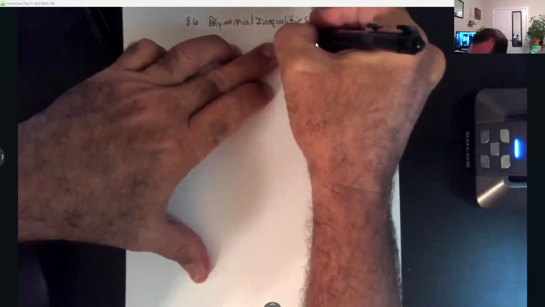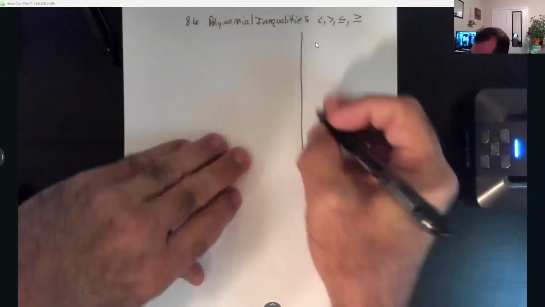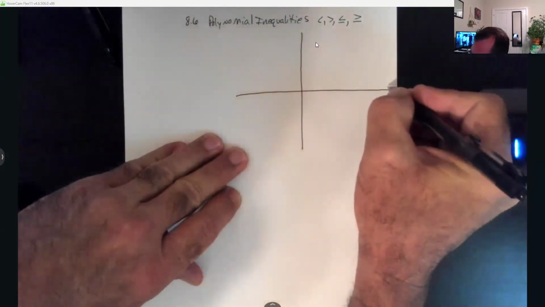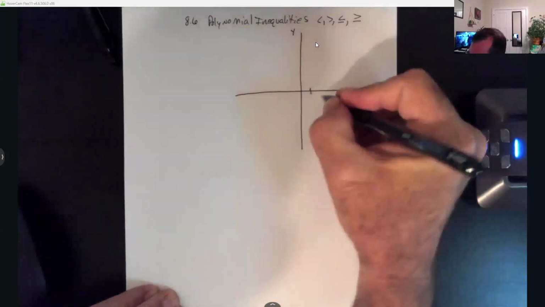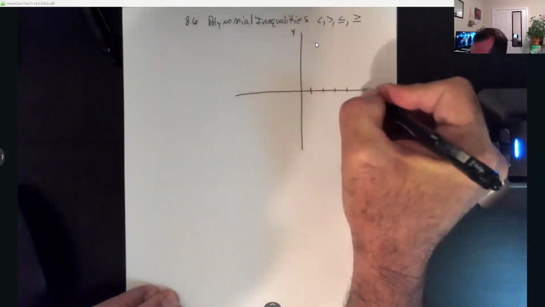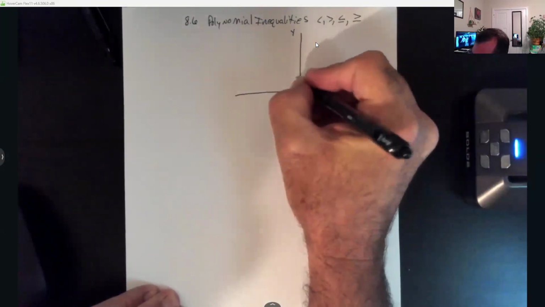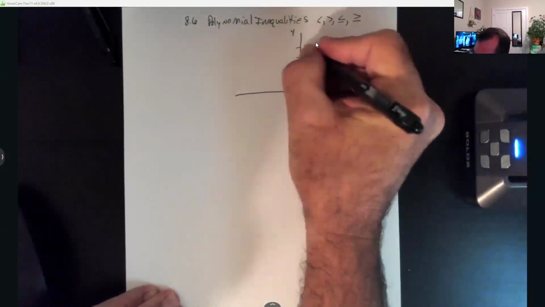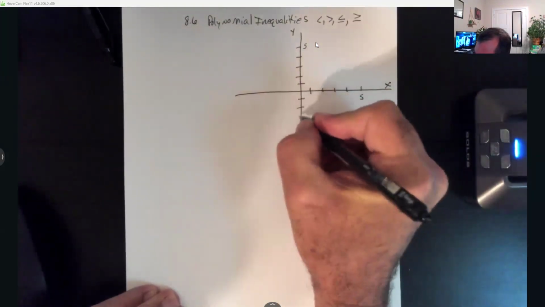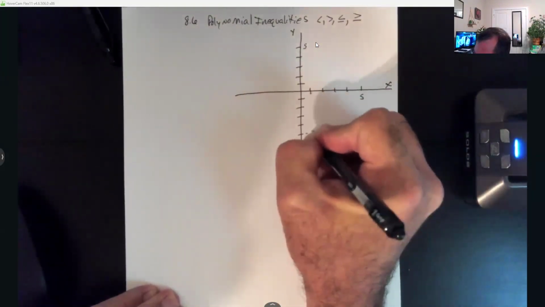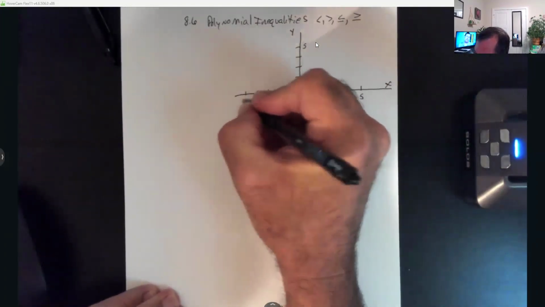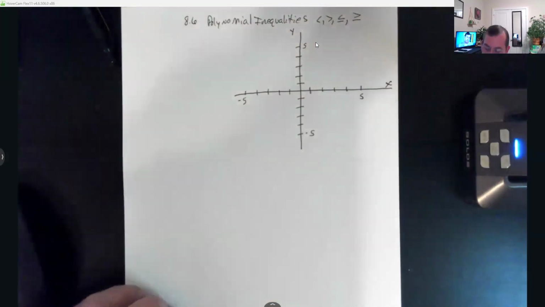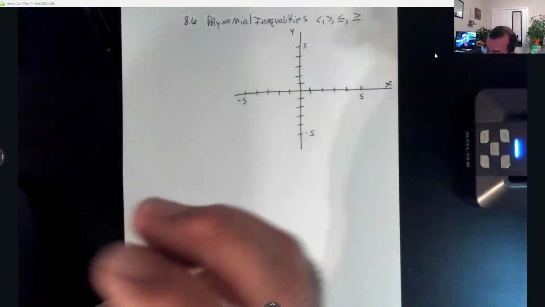So the thing about polynomial inequalities, y'all, and I'm going to draw a graph here. And I'm just going to go out about 5 on it. That way y'all can sort of see what's going on with these inequalities, okay?